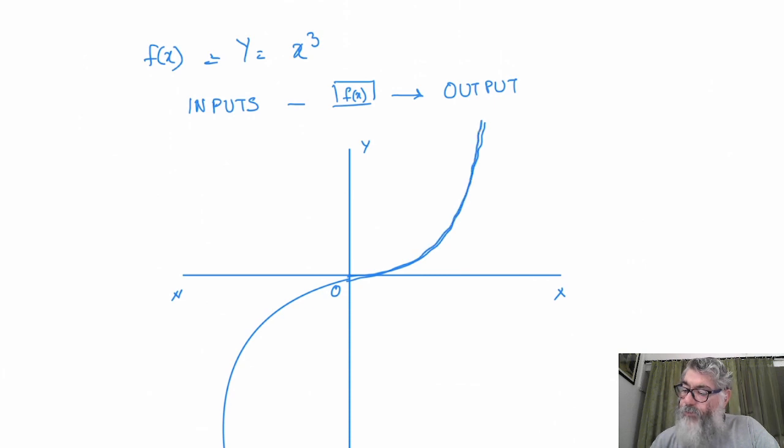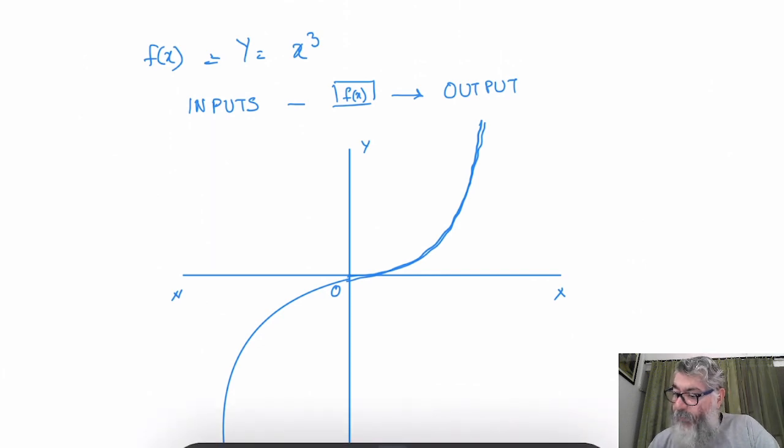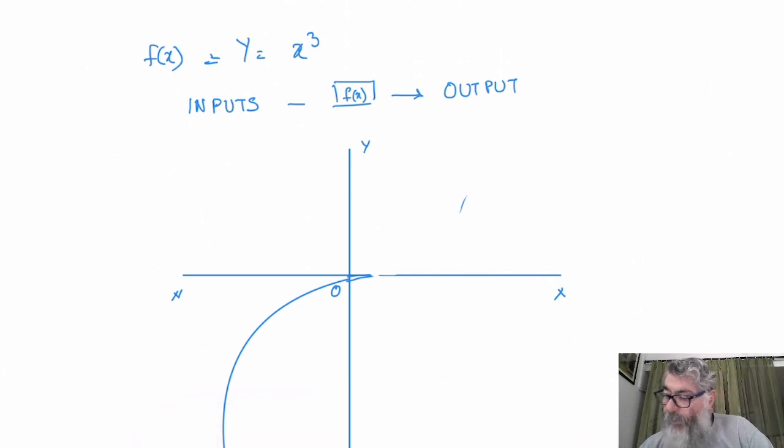I'll just rub the above portion because it has become a little dirty. Now, if you notice this graph, it is passing through the origin, and it is going towards infinity.